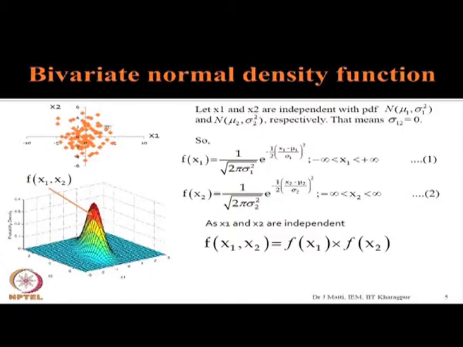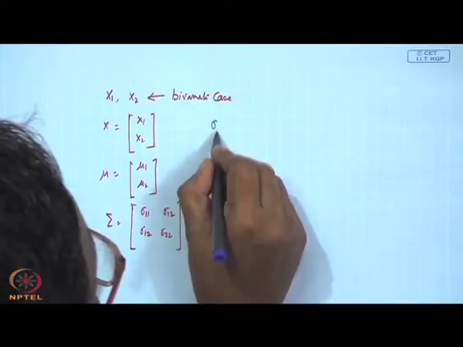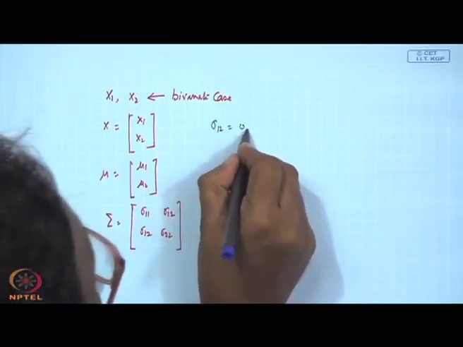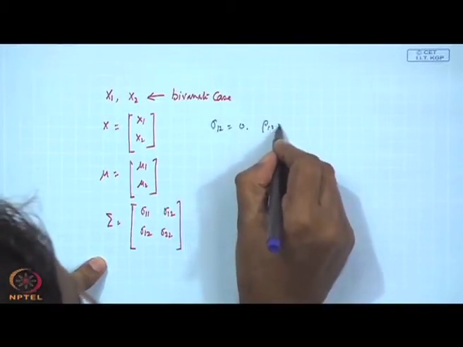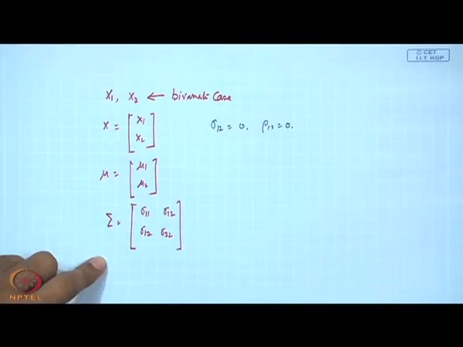Is it something like a circle you are getting or an ellipse? There is no pattern. So, you see that it is an ellipse type of thing, but there is no correlation. So, we want to simplify our derivation without correlation. So, that means our sigma 12 is 0 or rho 12 is 0.